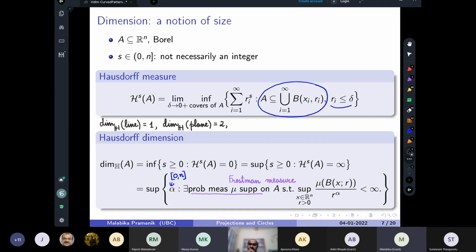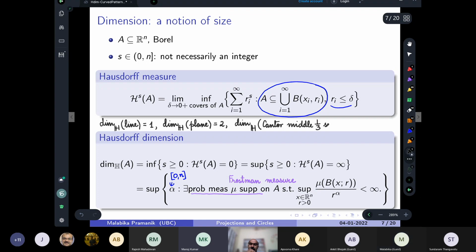So for example, the Hausdorff dimension of the Cantor middle third set is log 2 over log 3.